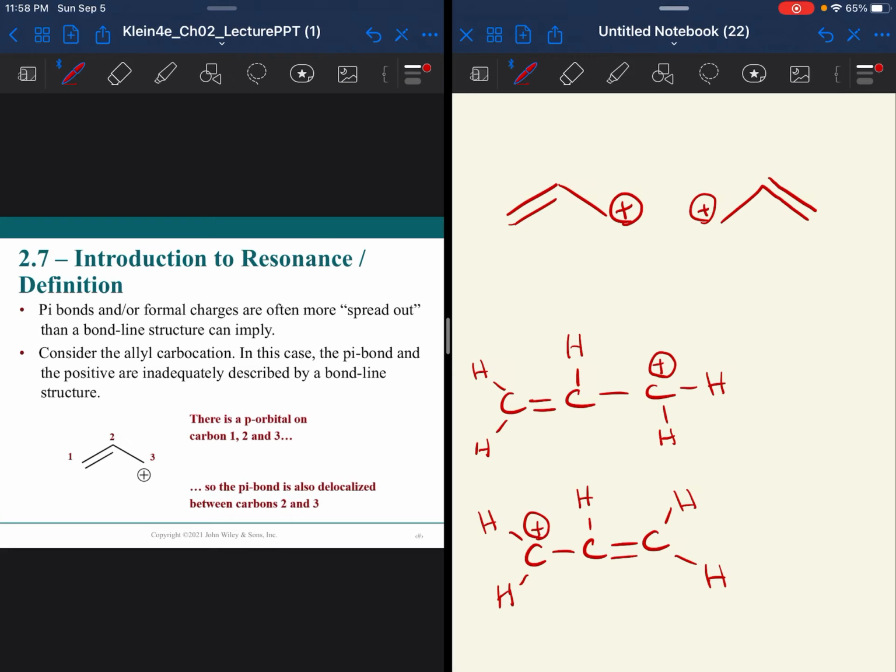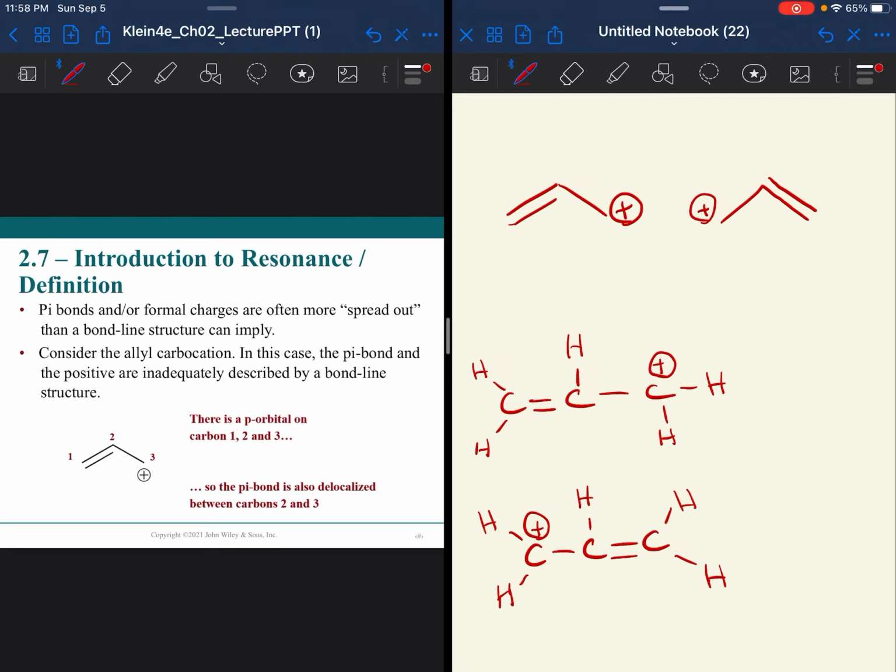It is the ability to draw 2 different valid Lewis structures for the same molecule. And so both of these structures are valid and represent the same molecule: 3 carbons in a row, 2 hydrogens on either end, and 1 hydrogen in the middle.